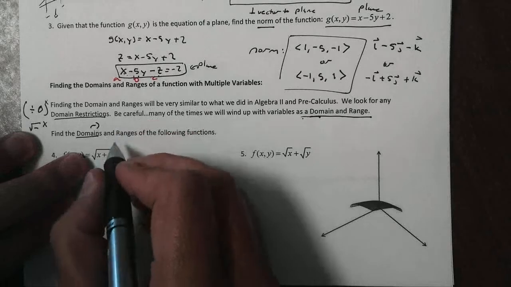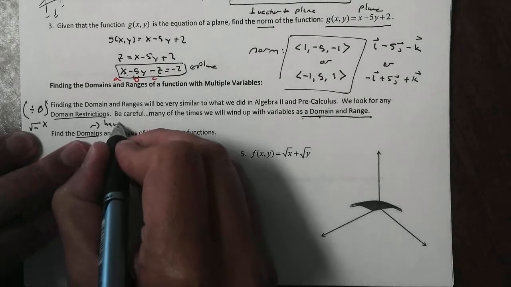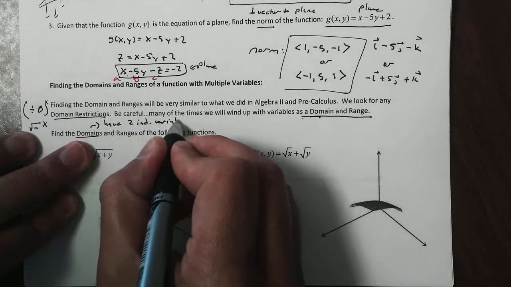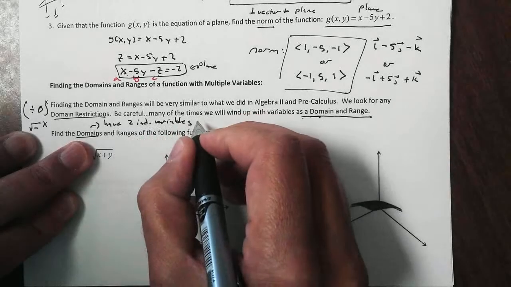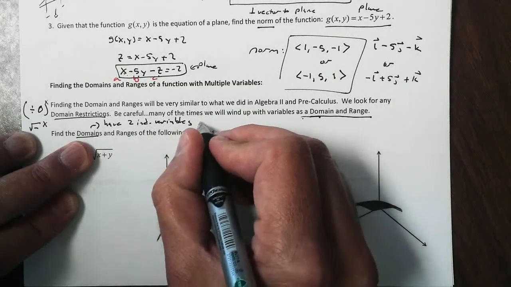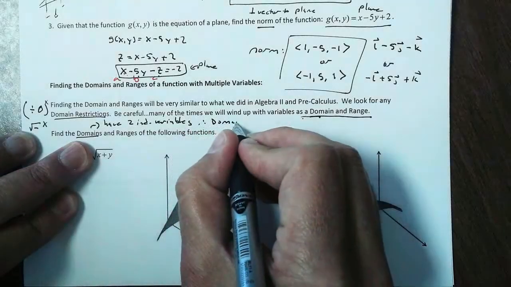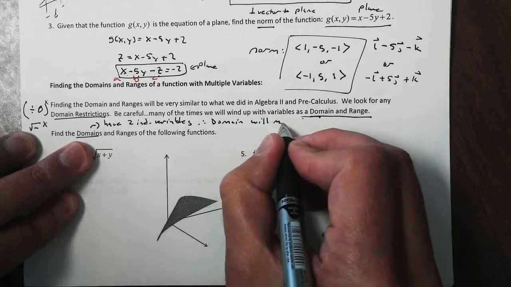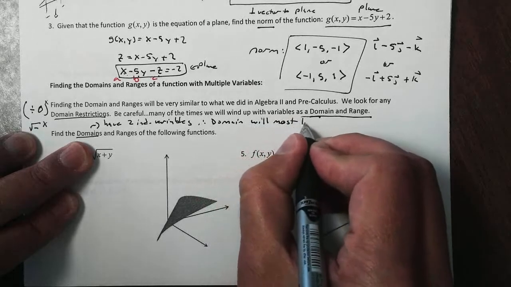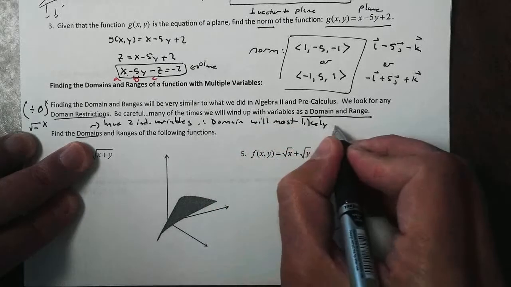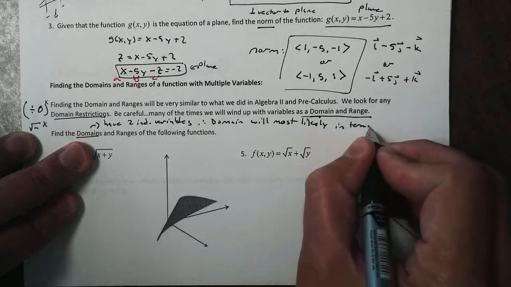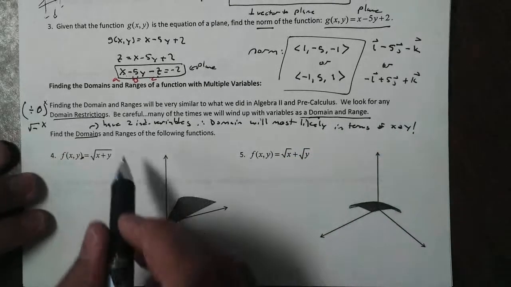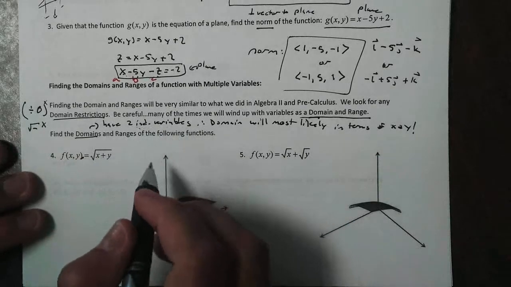We have two independent variables, and as a result, the domain will most likely be in terms of x and y. That's because of our independent variables.